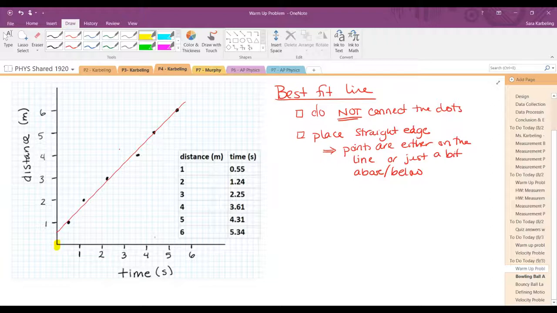Do you want to talk to each other for a second? Have a conversation. Why do you think? Because the line clearly doesn't go through 0, 0. Why not? What possible reason might there be?